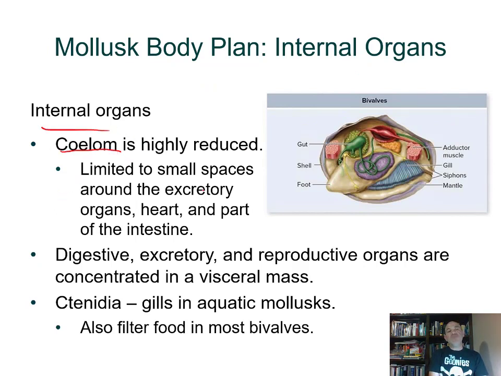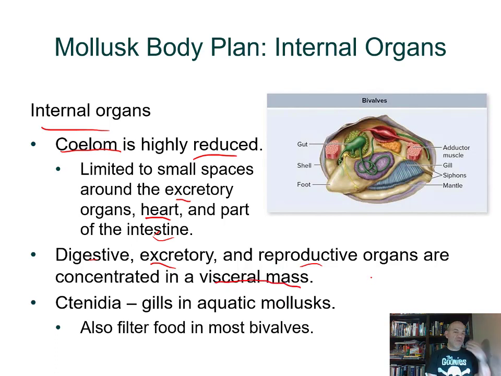The coelom, which is the body cavity, is highly reduced. It's going to be limited to small spaces that surround some of the excretory organs, like kidneys, heart, and some of the intestine. So most of the digestive system, excretory, reproductive organs are going to be within that dorsal visceral mass.